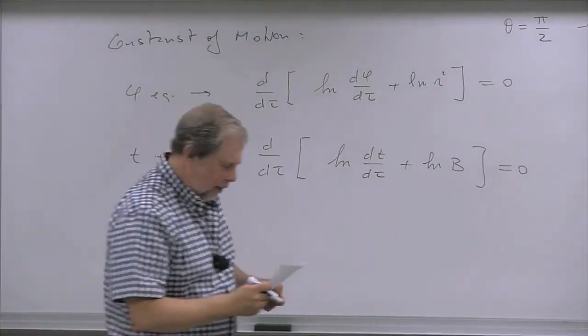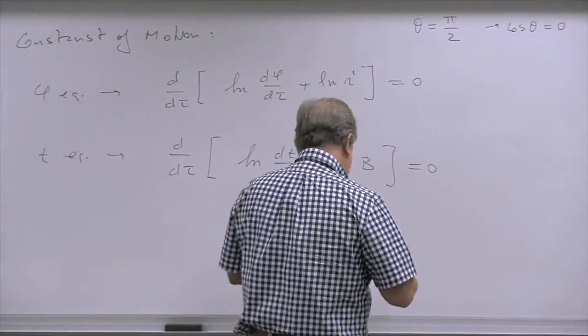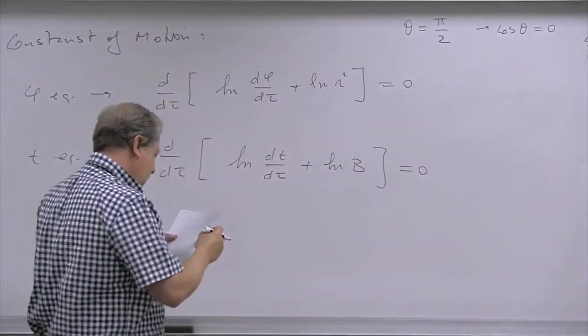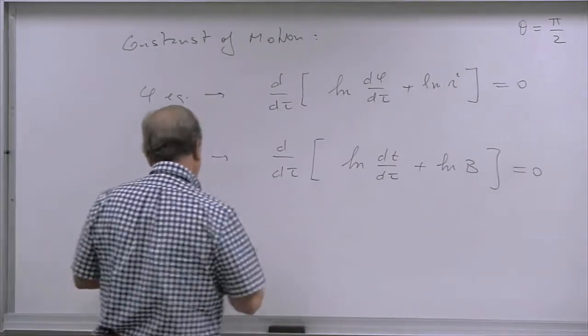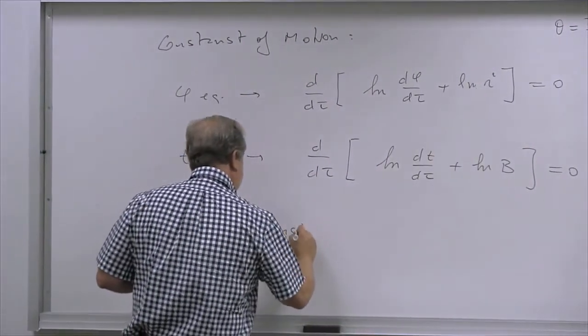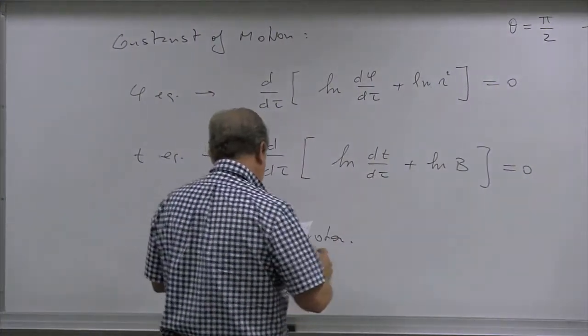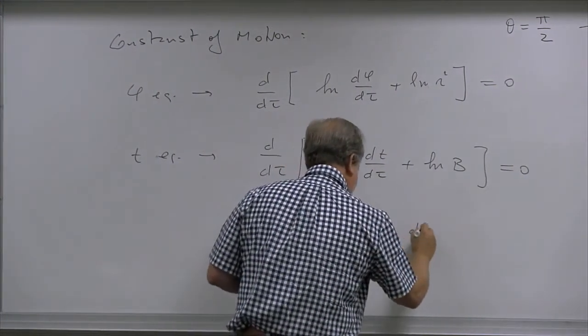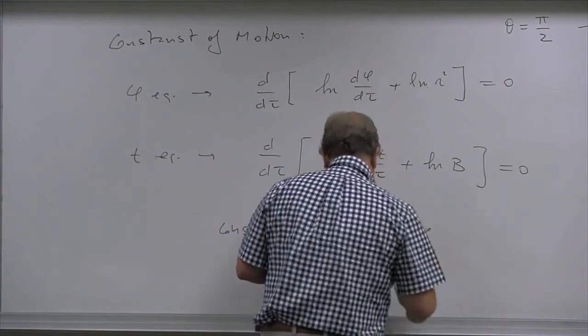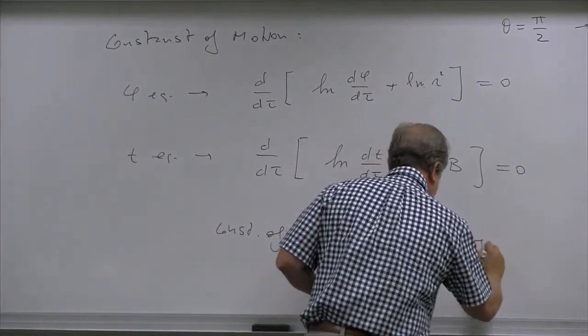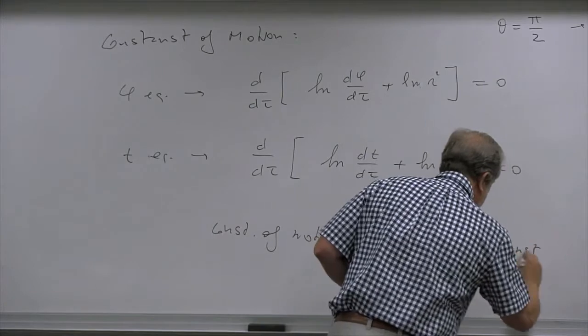So one can simplify things significantly, and another constant of the motion is the total angular momentum, which is r squared d phi by d tau, which we are going to call j, and set that to be a constant.